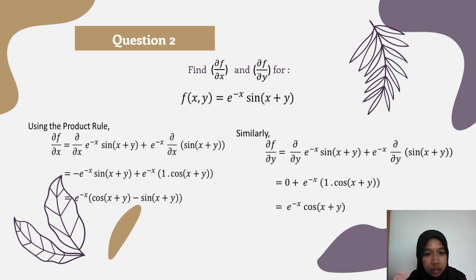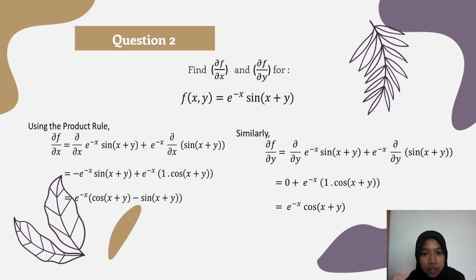And then we get negative e^(-x) sin(x + y) plus e^(-x) times 1 times cos(x + y). The derivative of sin(x + y) is converted to 1 times cos(x + y) using the product rule. And then the final answer is e^(-x)(cos(x + y) - sin(x + y)).